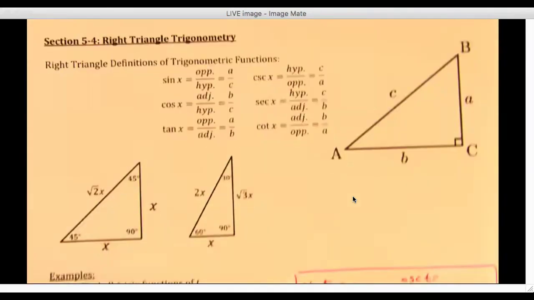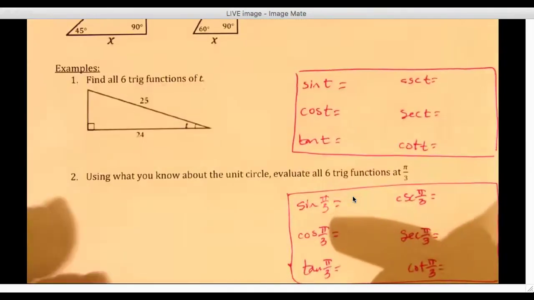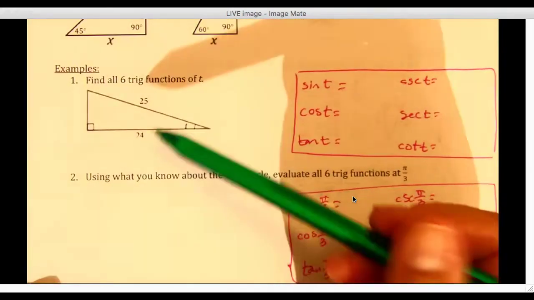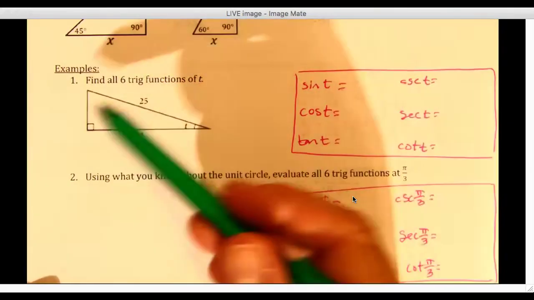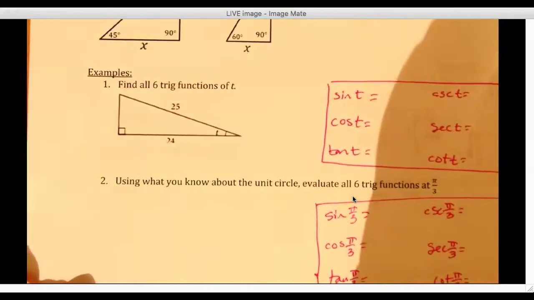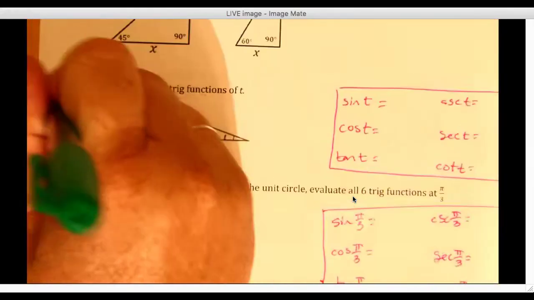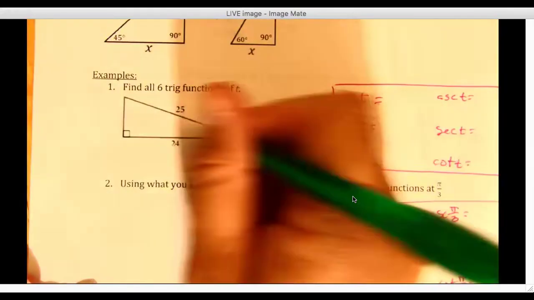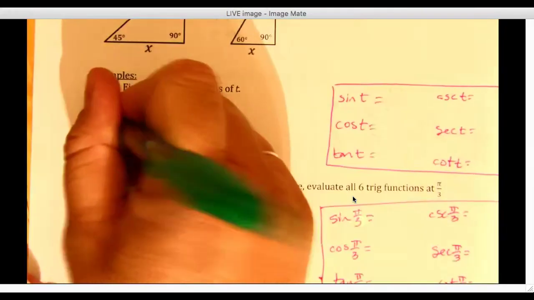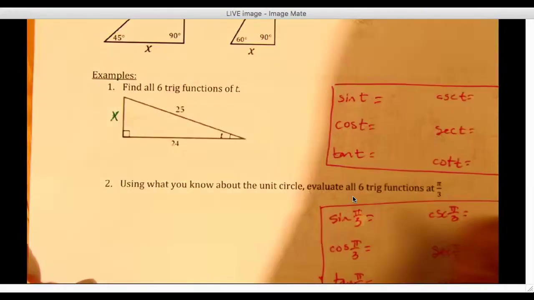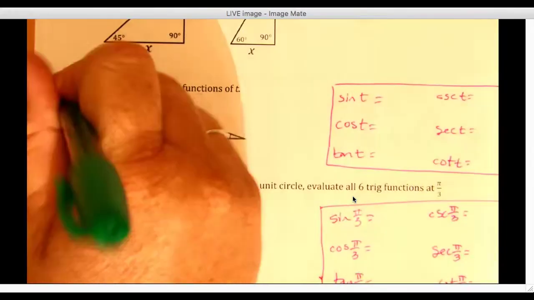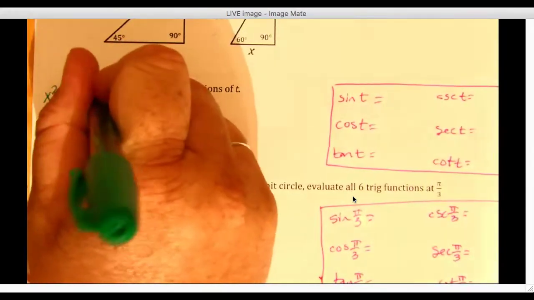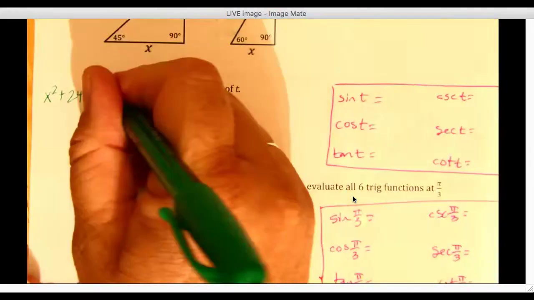So this next example here shows us a triangle, and the hypotenuse is 25, one of the legs is 24, and we don't know the other leg. So we can use the Pythagorean theorem, and I'm going to go ahead and label this x here. So we have x squared plus 24 squared equals 25 squared.